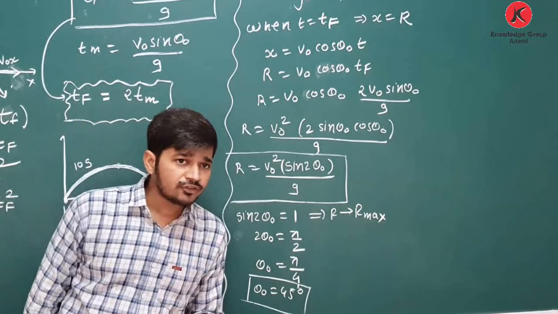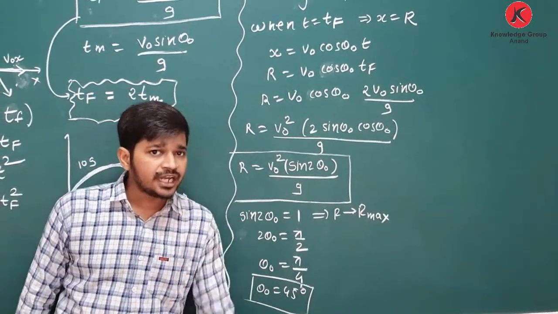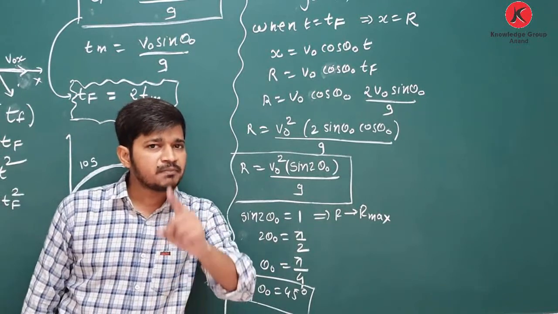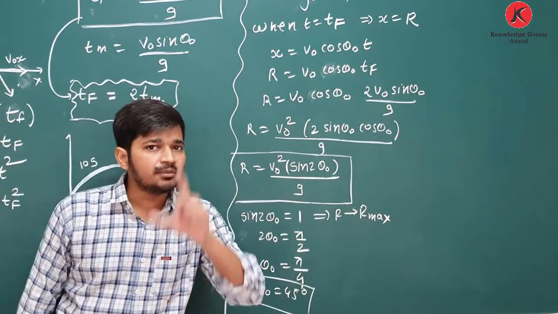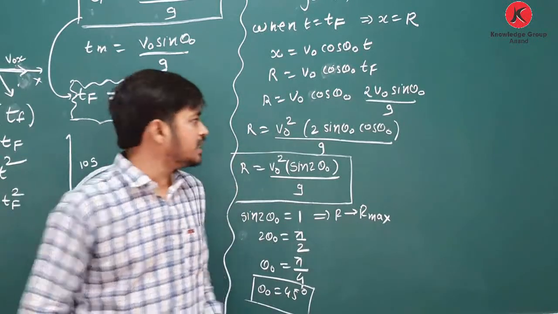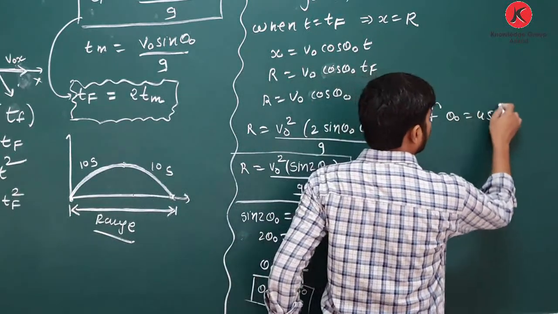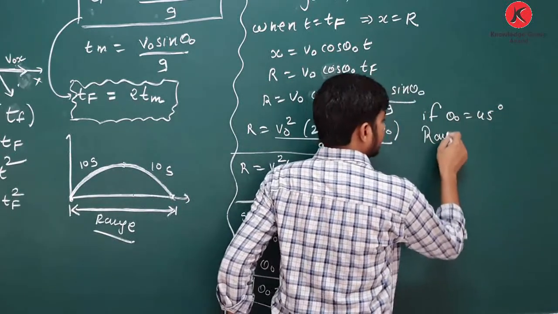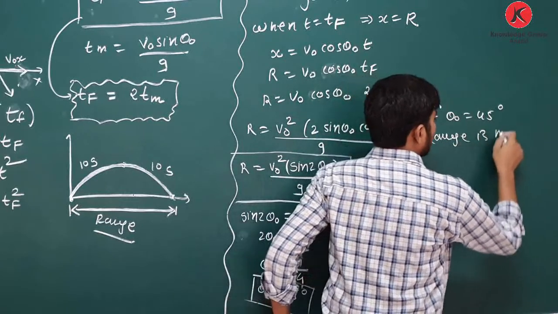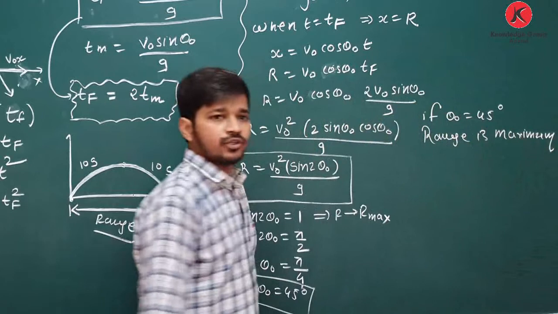So here is your answer: if you throw an object at 45 degree, its range will be maximum. You have to remember this condition: if theta 0 is equal to 45 degree, range is maximum. Clear about this?